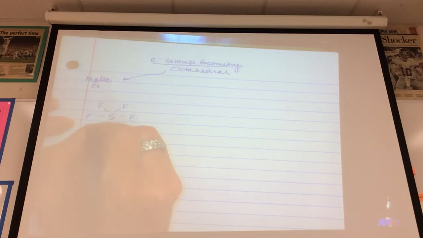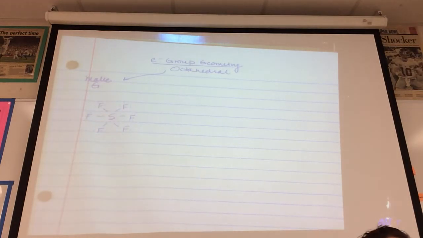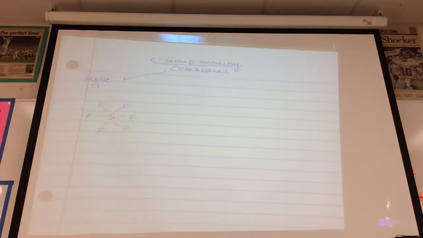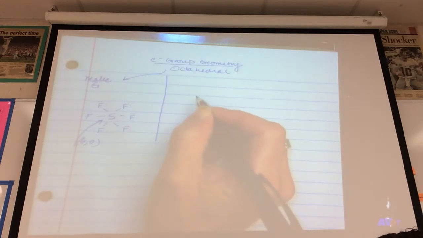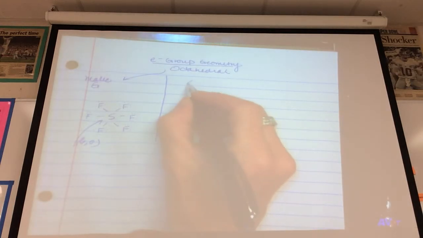What's the most expanded you can make an octet? 6 bonds. Oh, so 6 electron groups, so 12. So again, you've got a 6-0, 6 electron groups. If you have a 5-1, you've got square pyramidal.